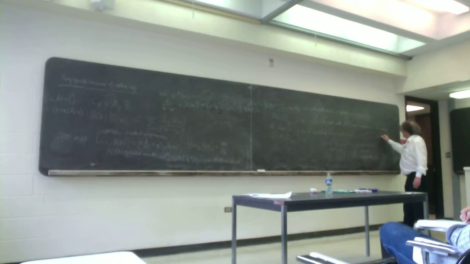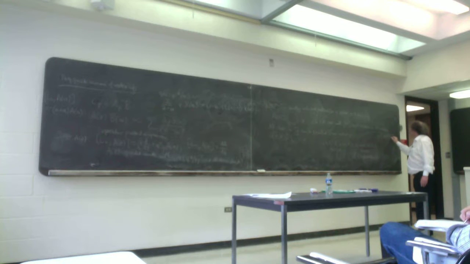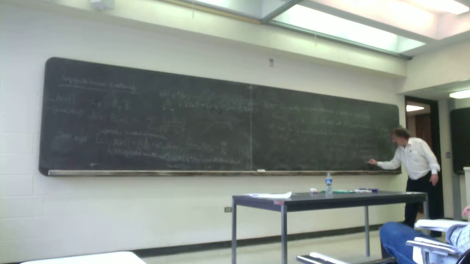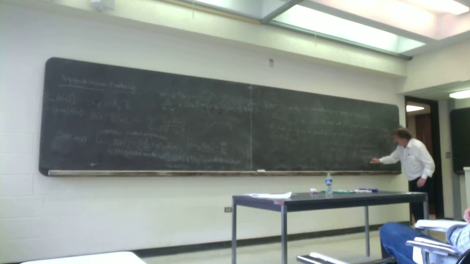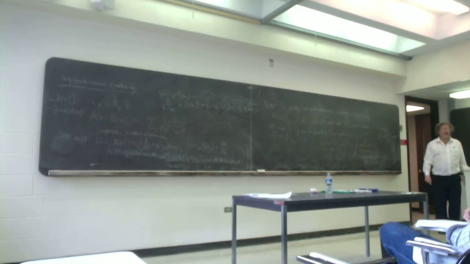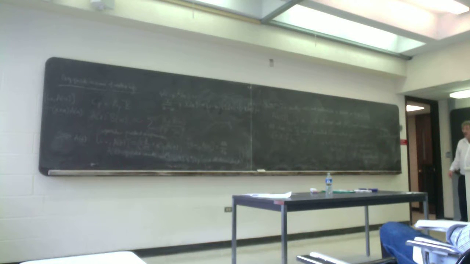So V of A Z, you write as sigma AN Z to the minus N minus 1. But that's in the range Z is greater than Z minus W, or W is greater than. That's it. That is your vertex operator algebra. And that's enough to get it.